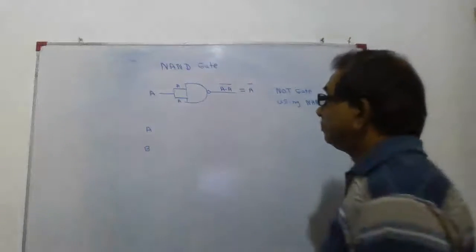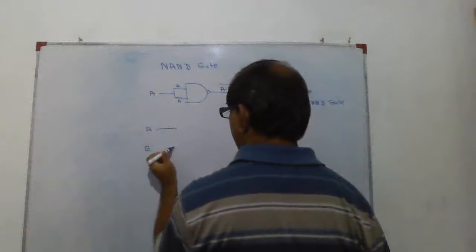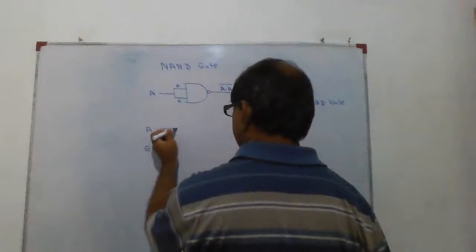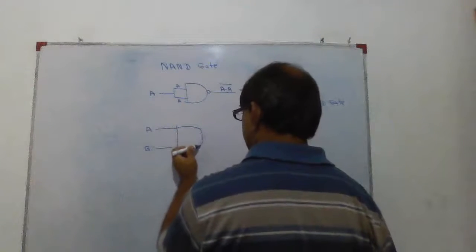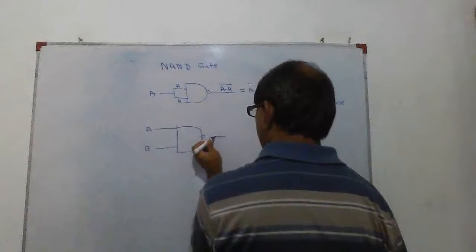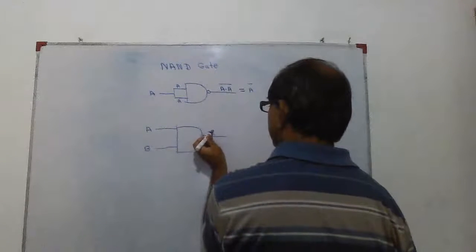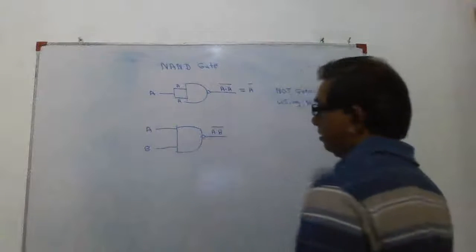But here, we input A and B to a NAND gate. Then we take our output A and B bar.